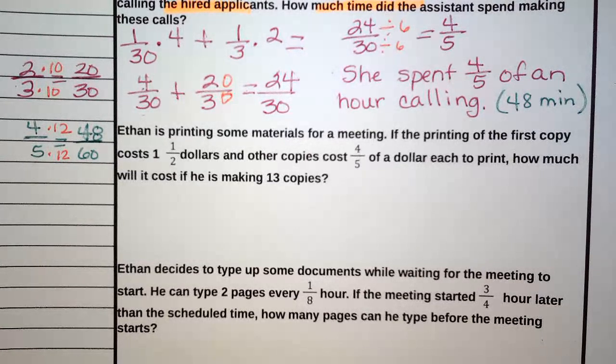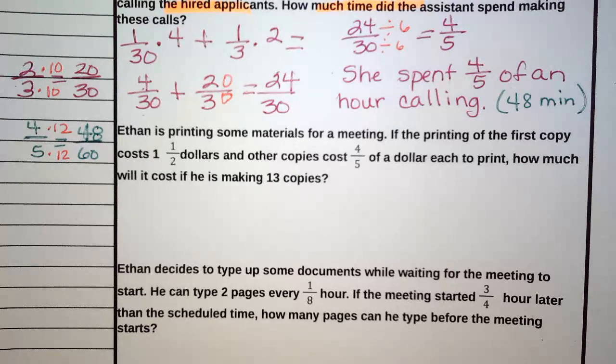Okay, now let's talk about Ethan. Ethan is printing some materials for a meeting. If the printing of the first copy cost $1.50 and the other copies cost 4/5 of a dollar to print, how much will it cost if he is making 13 copies?